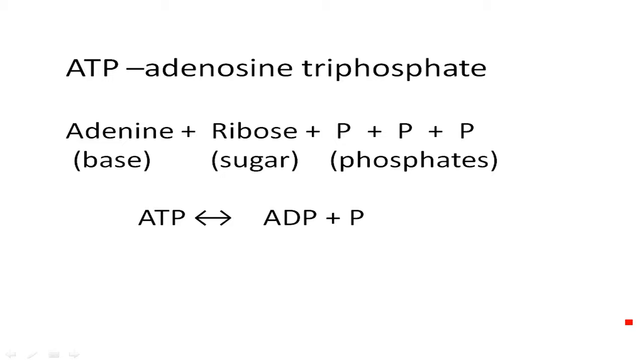ATP is what we call the energy currency of the cell. Currency is money. Think about if you want to go down to the machine downstairs and get a Snickers candy bar. If you have a $1 bill or a $5 bill, you've got plenty of money to buy a $1 candy bar, but your machine only takes quarters. So even though you have the money, you can't buy your Snickers because you don't have quarters.